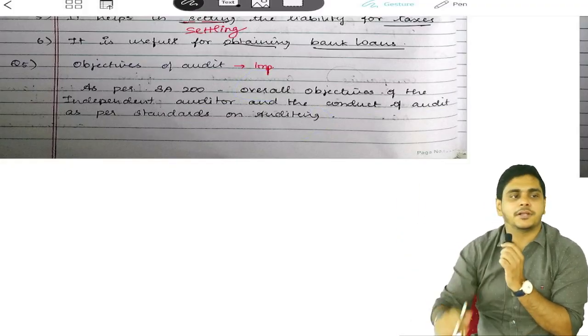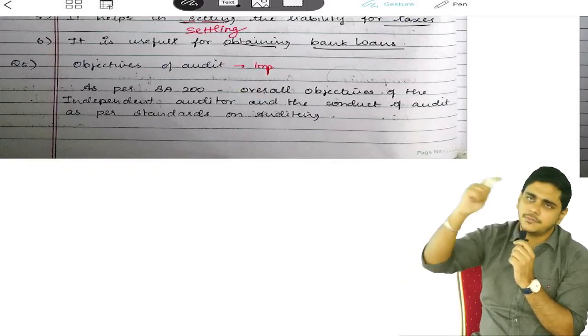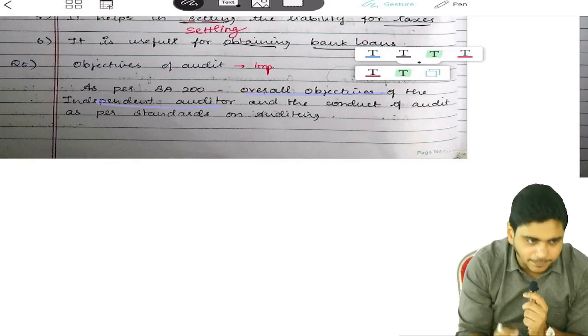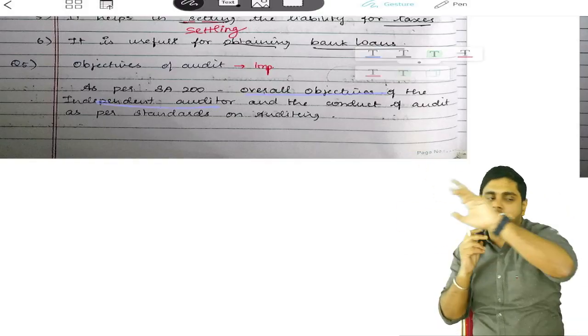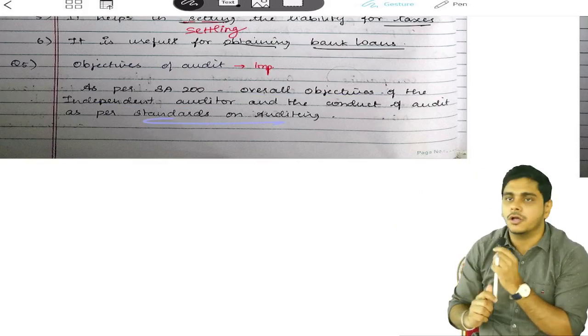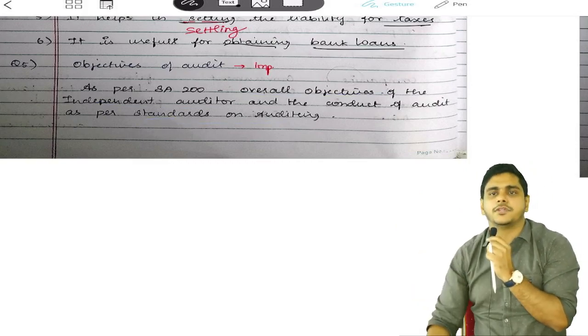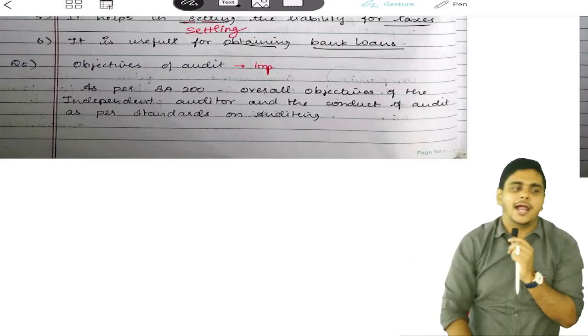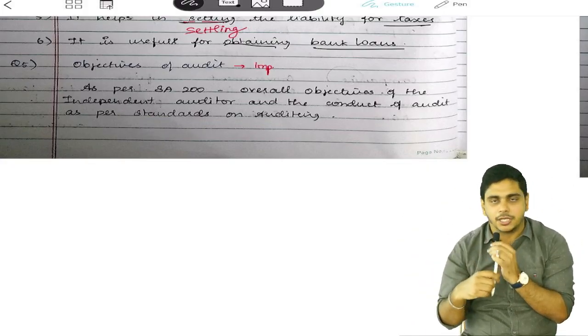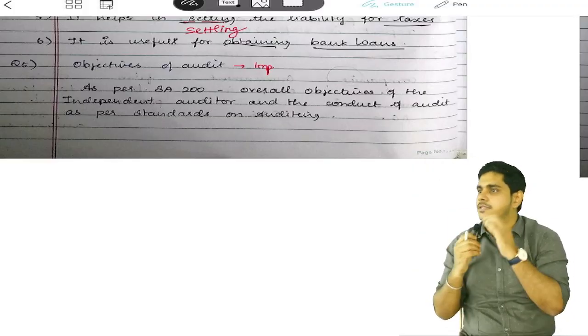So what is the number, guys? SA 200. What is the name? Overall Objectives of the Independent Auditor and the Conduct of an Audit in Accordance with Standards on Auditing. So the objective is written in my SA 200.